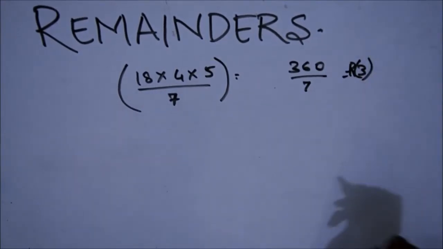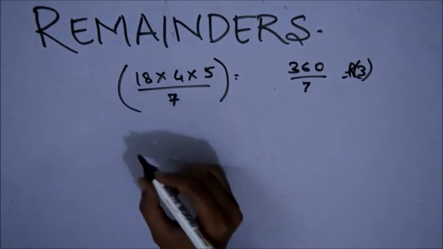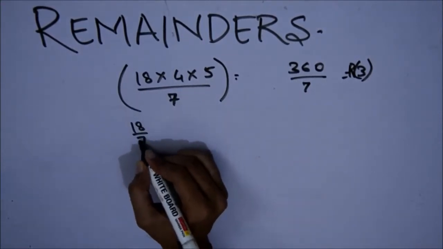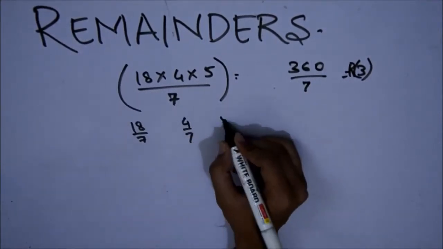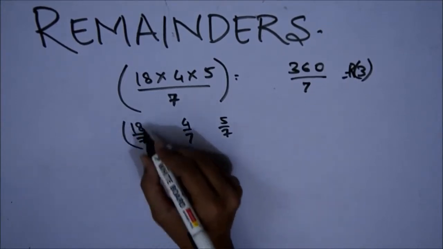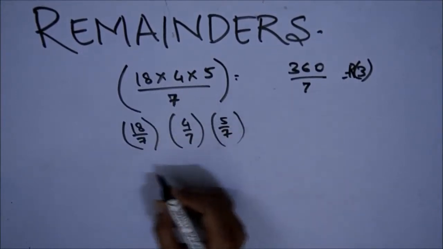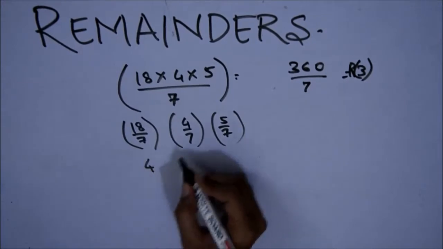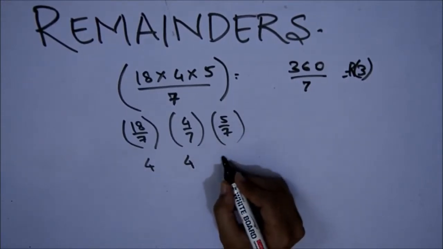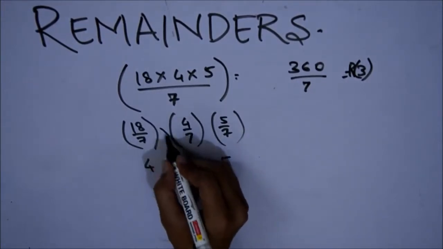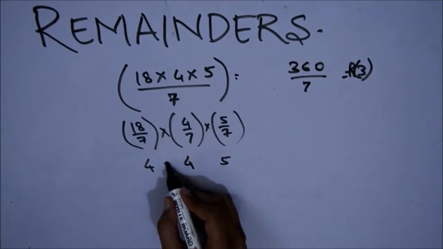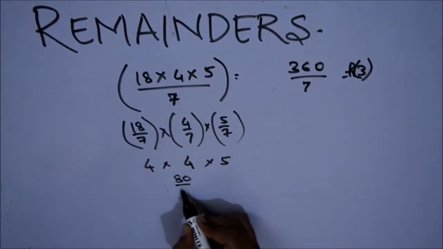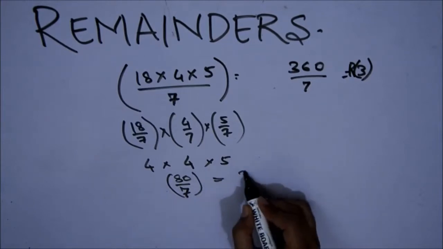Remainder is 3. Now in case you see 18 by 7, 4 by 7, 5 by 7, if you calculate the 3 remainders individually, this will give a remainder of 4, this will give a remainder of 4, this will give a remainder of 5. If you multiply these, it will give you 80. The remainder of 80 by 7 is 3, right?